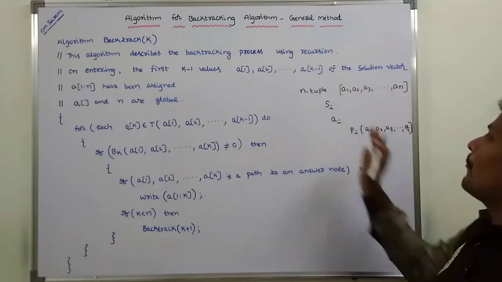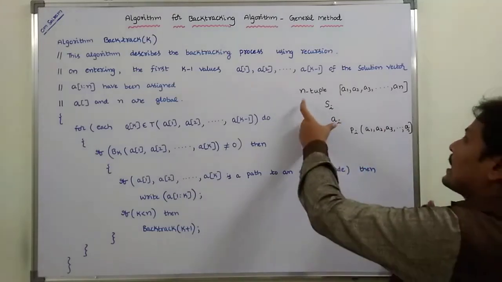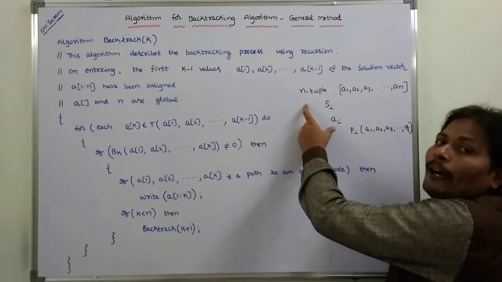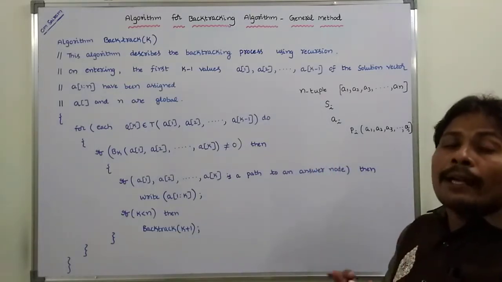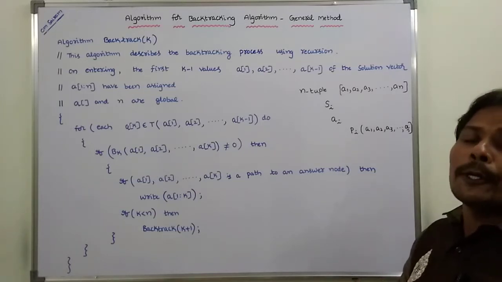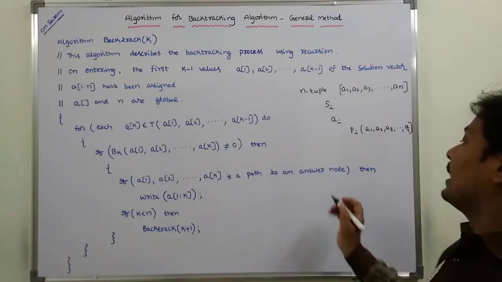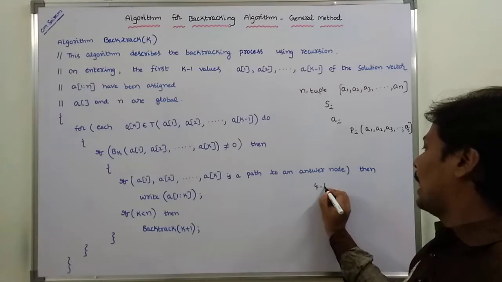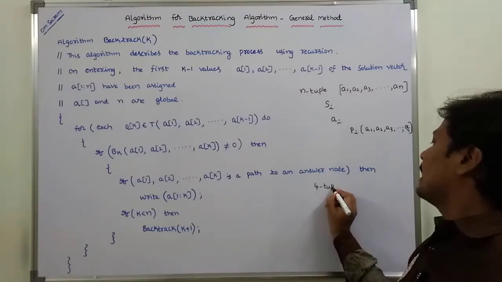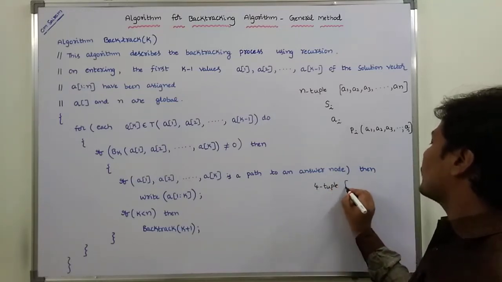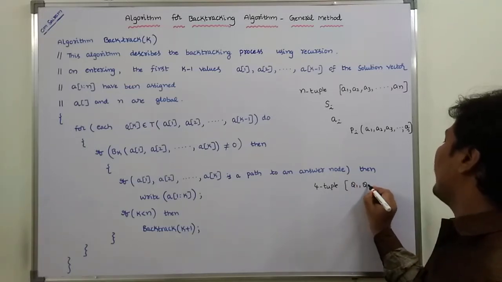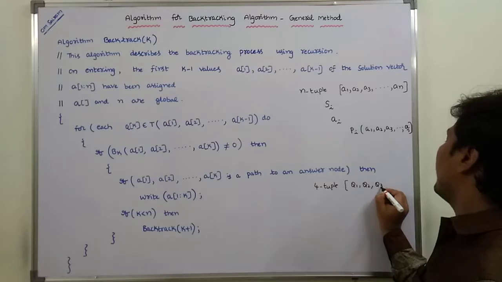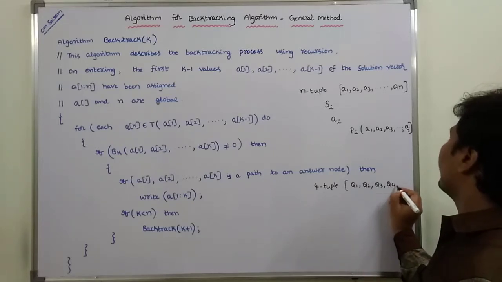For example, this can be explained with the four queens problem. The desired solution for the four queens problem can be taken as a 4-tuple: queen 1, queen 2, queen 3, queen 4.